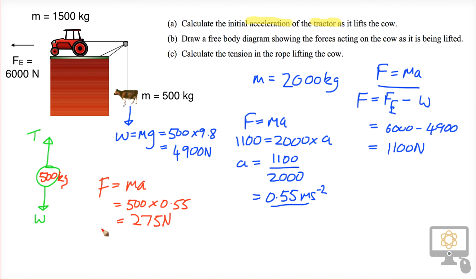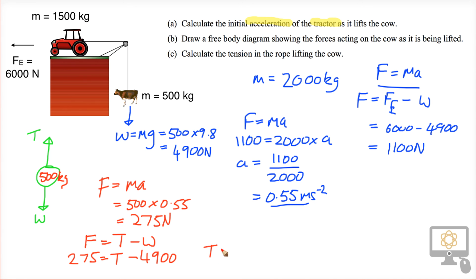And of course, that unbalanced force, F, is the difference between the upward force of tension and the downward force of weight. Now we know the unbalanced force is 275. We're trying to find the tension in the rope, and we know that the weight, we've already calculated that, is 4,900 newtons. And so therefore, we can easily solve this problem. The tension is the sum of these two values.